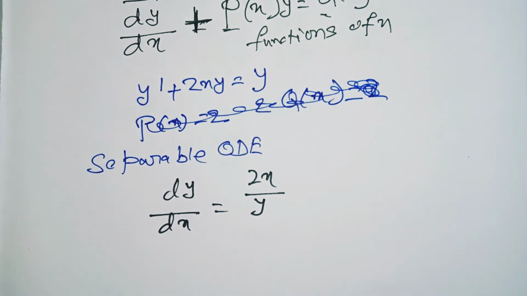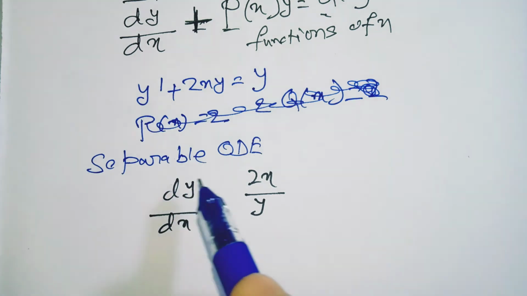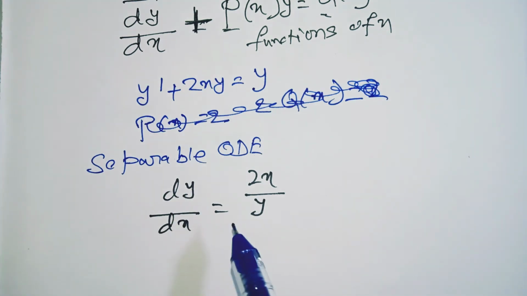This is a typical format of a separable ordinary differential equation. It might happen that your entire equation is not exactly in this format, but you can get to this format. That is also fine.